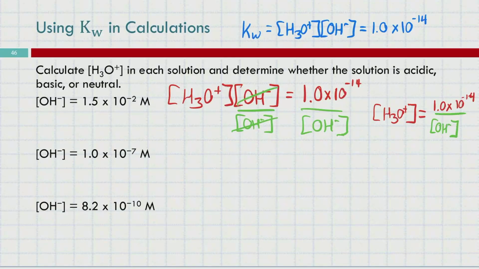So for our first one, H3O plus concentration equals 1.0 times 10 to the minus 14 over the number that we were given, 1.5 times 10 to the minus 2.